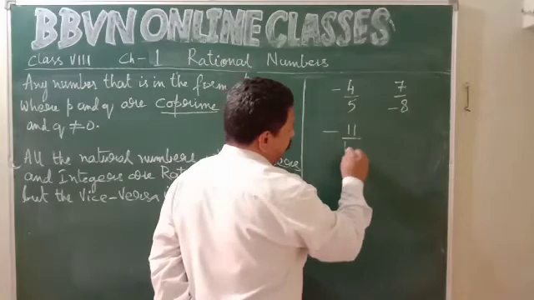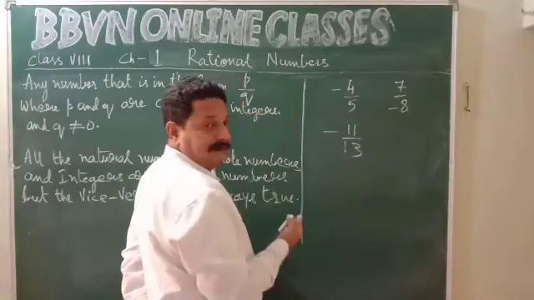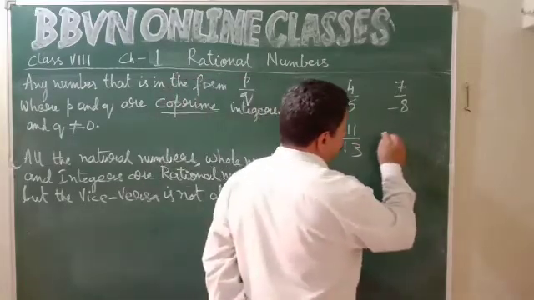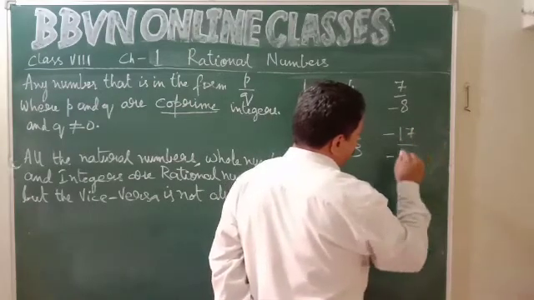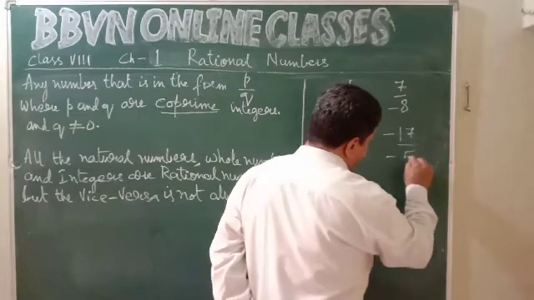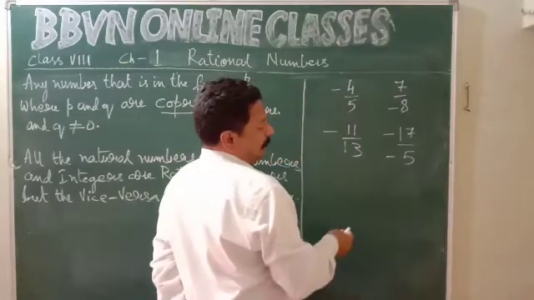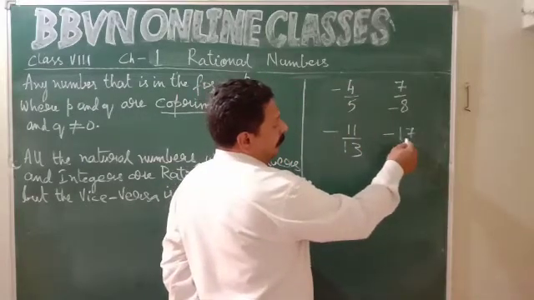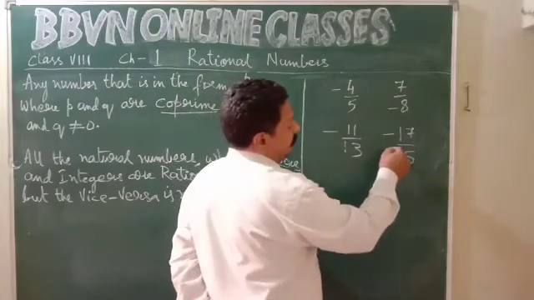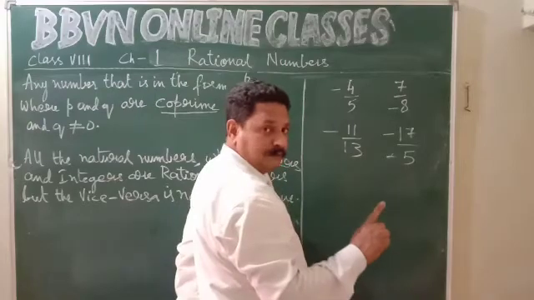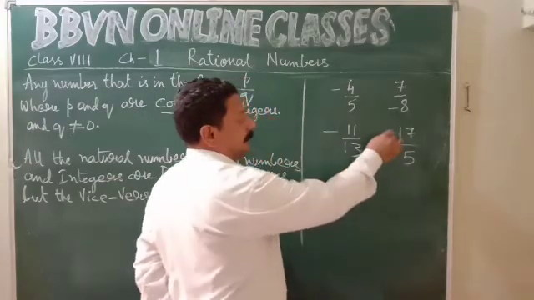Minus 11 upon 13. This is a rational number. Or you can have minus 17 upon minus 5. So here what happens? When you are dividing a negative quantity by another negative quantity, minus into minus is plus, minus divided by minus is also plus.